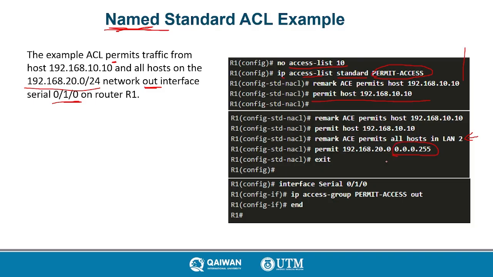It will say permit 192.168.20.0, and for making sure that it will permit all the hosts, it gave it 0.0.0.255. And exit. And of course, again going inside the serial and saying ip access-group. This one would be the name. The previous one was 10. This time it is permit-access, which is this name, and outgoing.